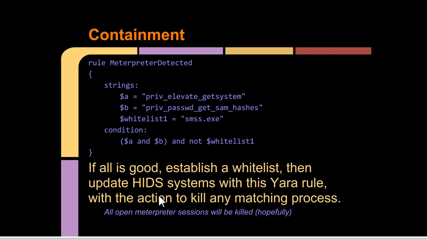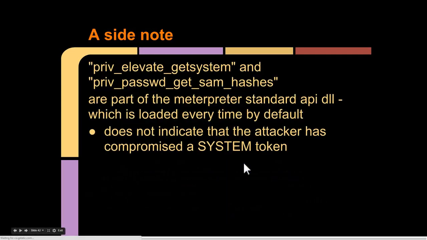So then you would update basically the host and intrusion detection systems across the network with this, or the AV if they're compatible with this rule, and then have it specified to act with kill any matching process that matches this rule. And then all interpreter sessions in the network will hopefully be killed. And it's really that simple sometimes. Obviously, it depends on whether or not your systems support YARA rules.